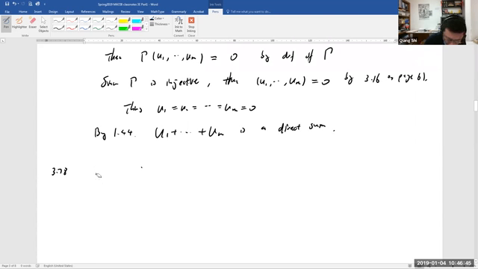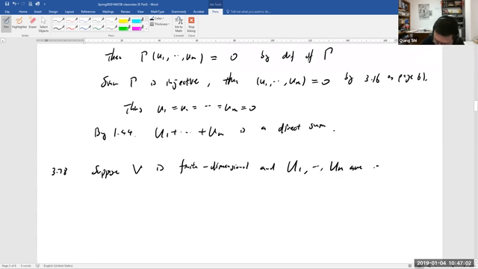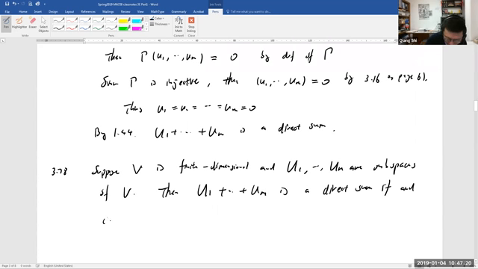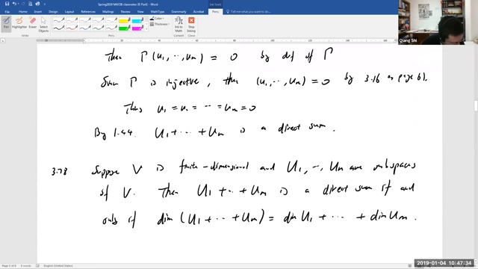Well, let's make assumptions first. So let's suppose V is finite dimensional, and U1, up to UM are subspaces of V. Then this sum is a direct sum if and only if the dimension of U1 plus up to UM is equal to the dimension of U1 plus the dimension of U2, plus the last one, the dimension of UM.